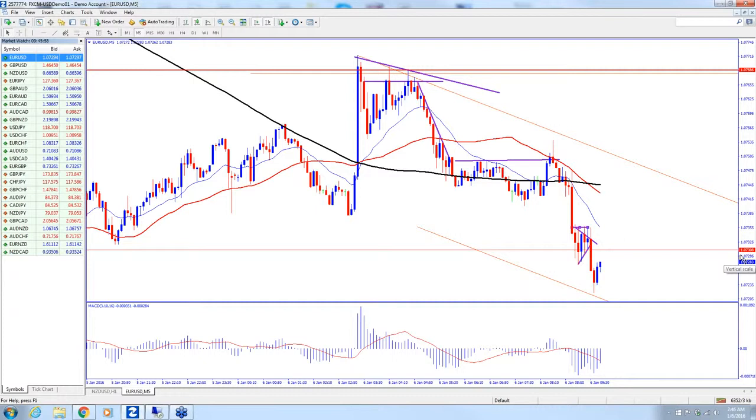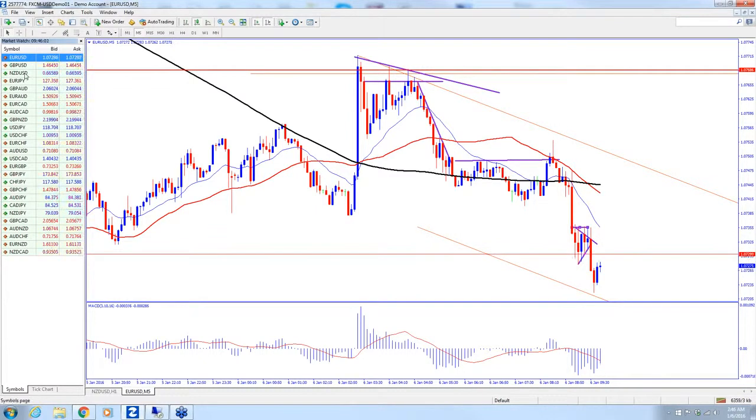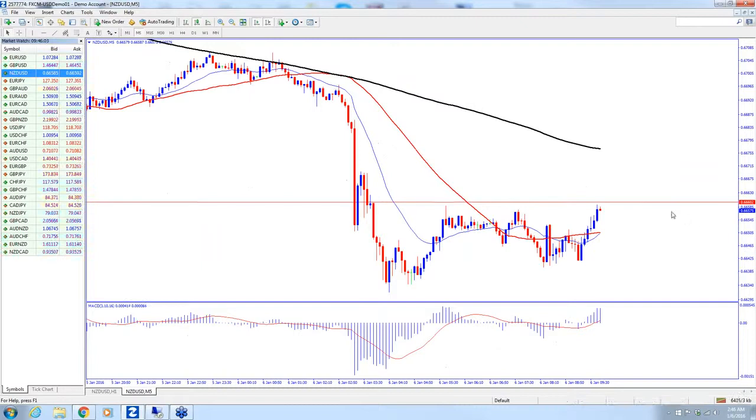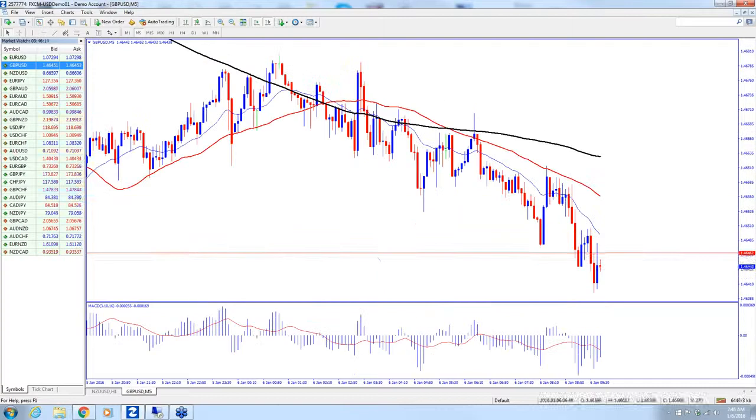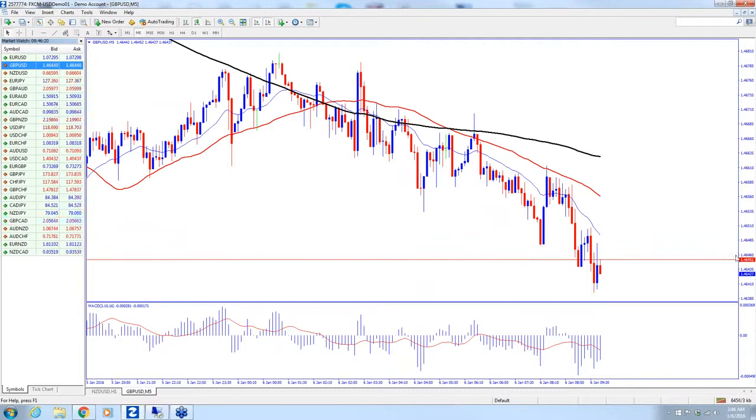Which means that to get 1 euro, it's 1.07. Here's your NZD. You buy it at 66 cents. Here, GBP, it costs you $1.46 to buy the British pound.